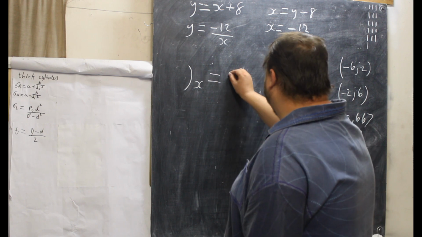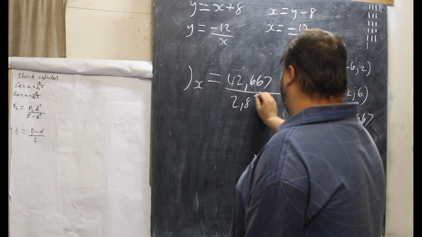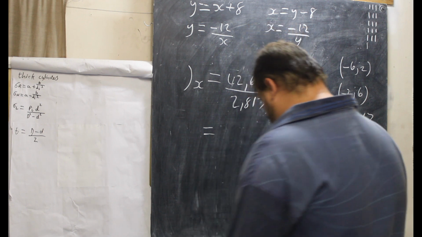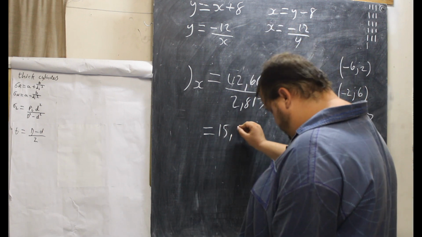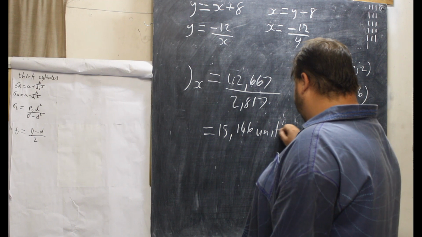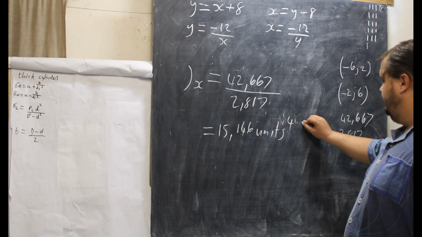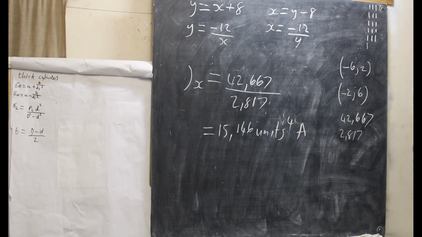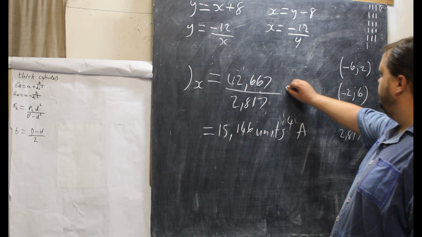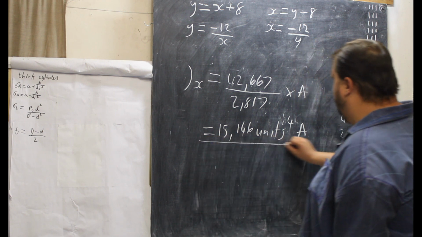So, we're going to say 42,667 all over 2,817 equals, and that's 15,146 units to the power 4, times A. And that is our answer. So this is our final answer.